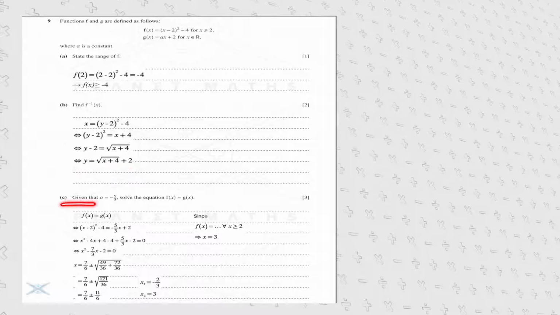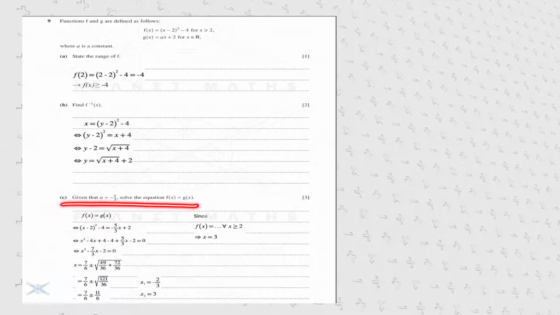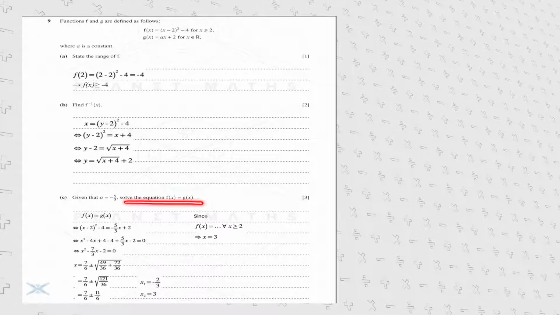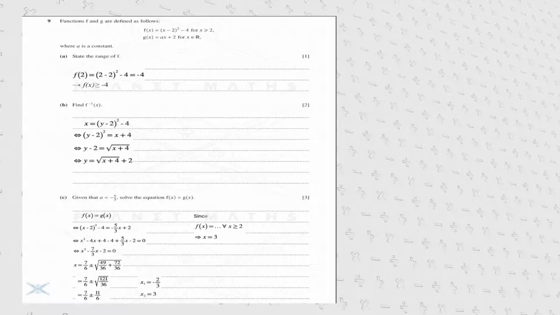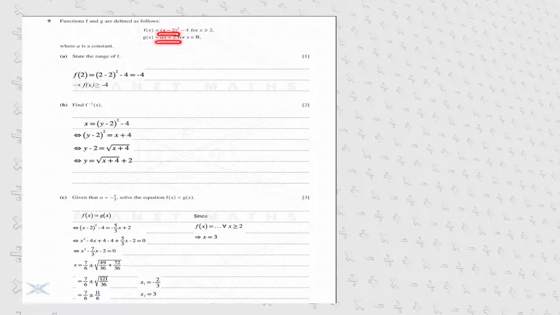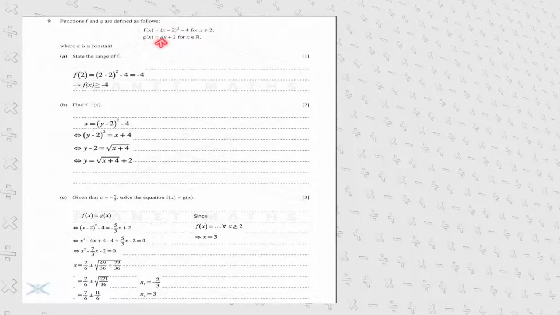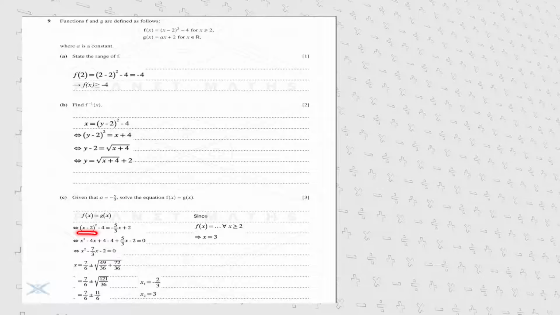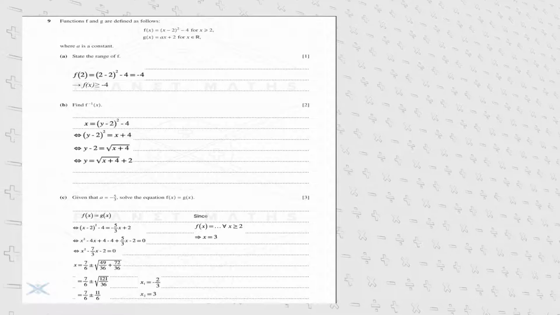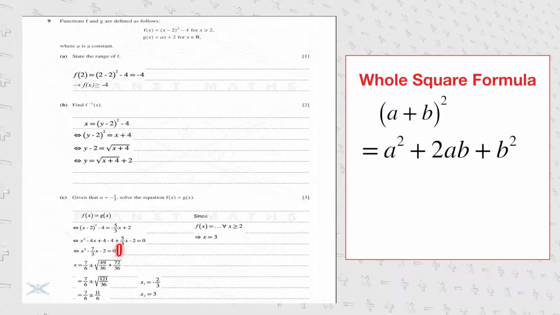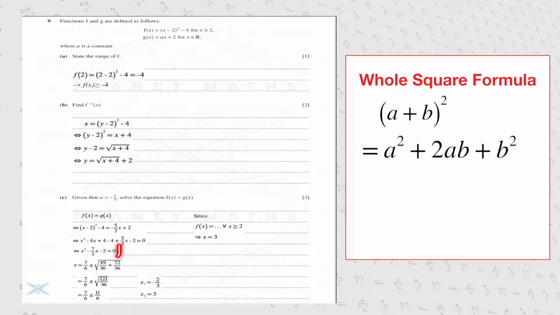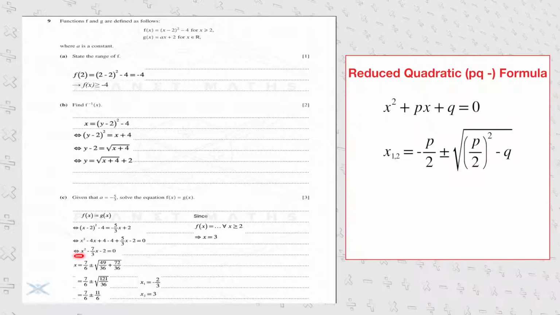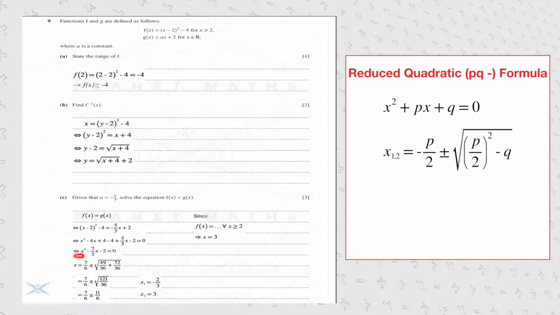In part C of exercise 9, it is given that a has the value negative 5/3, and we are supposed to solve the equation f of x equals g of x. So what we will do is just equate both of those equations, whereby we will substitute a for the value provided within this exercise. Firstly, we will expand the first bracket using the whole square rule provided, and then simplify and rearrange this quadratic expression for 0, enabling us in this case to follow through with the reduced quadratic formula, as the coefficient of x squared is 1.